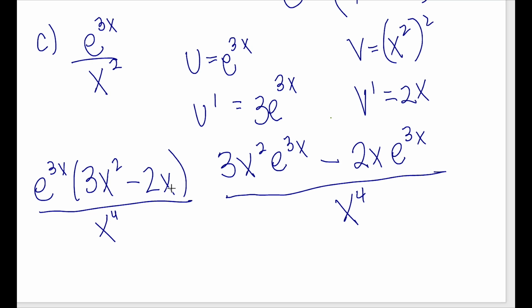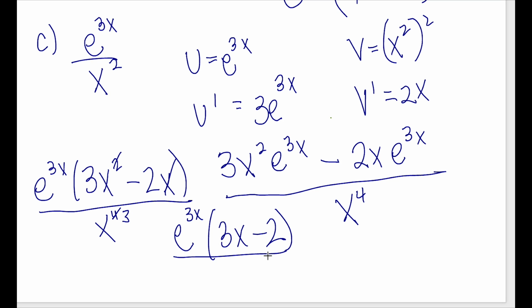Now both terms have x's. So if I take an x away from everything, we get e to the power of 3x times 3x minus 2 over x cubed.